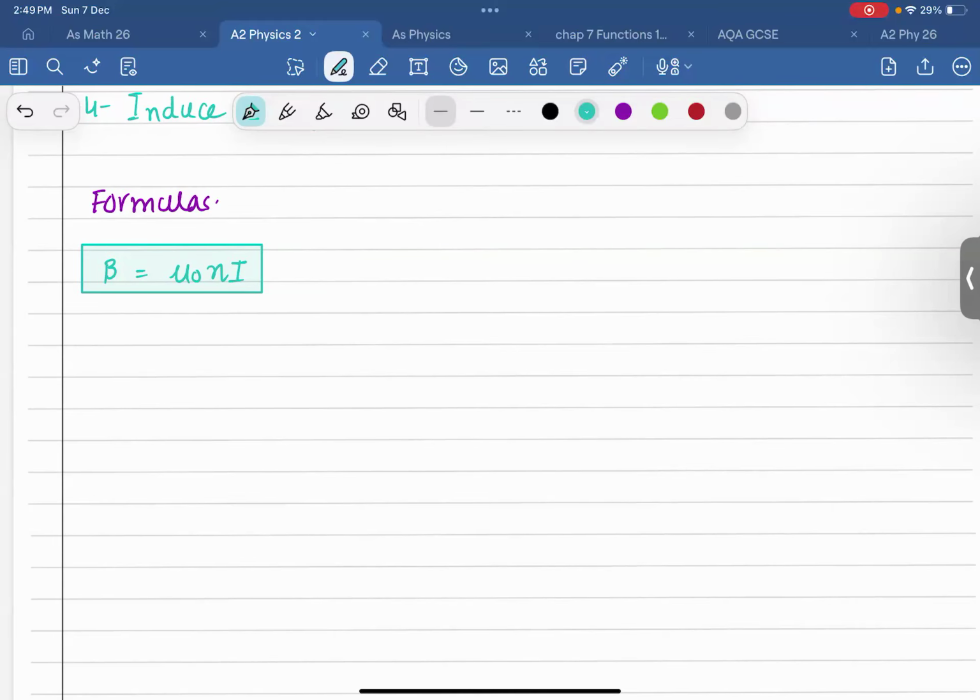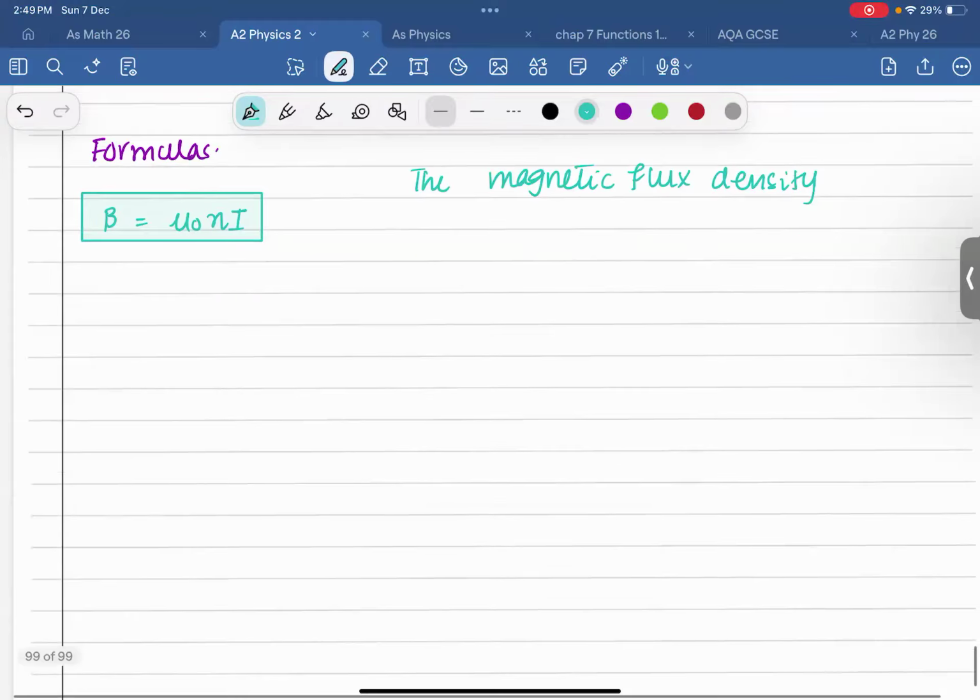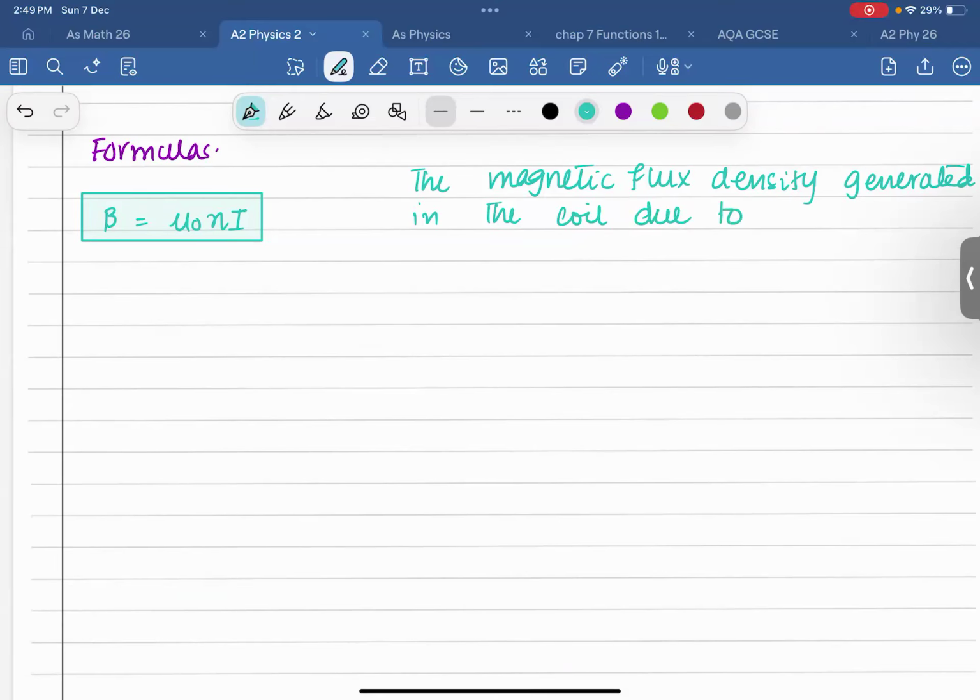So this formula is for the magnetic flux density generated in the coil due to current flow through it.